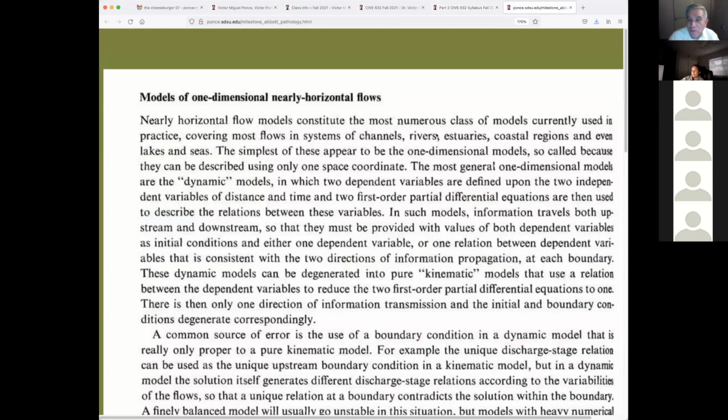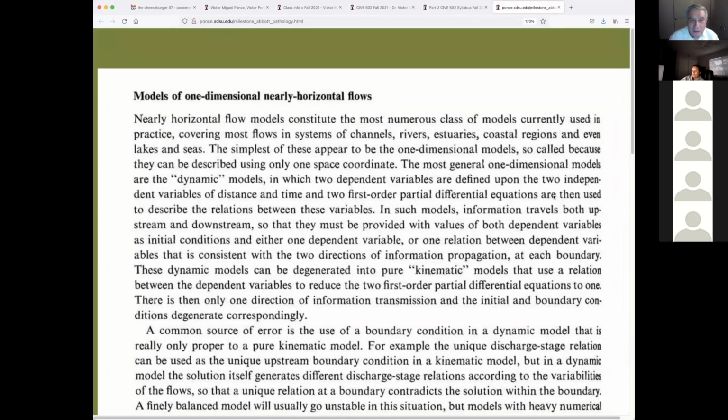So let's read what he says, because it's important. It's Abbott, none other than Michael Abbott. Nearly horizontal flows constitute the most numerous class of models currently used in practice. Now, nearly horizontal flows are the regular flows. Nearly horizontal, small slope, carrying flows in systems of channels, rivers, estuaries, coastal regions, and even lakes.